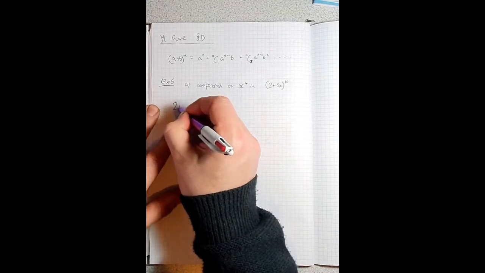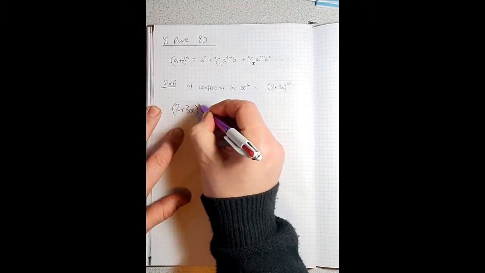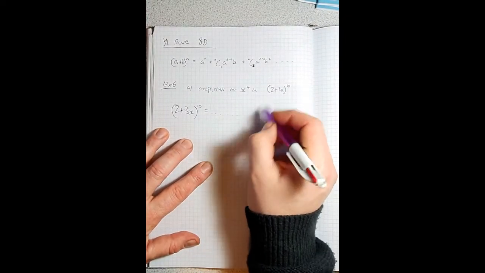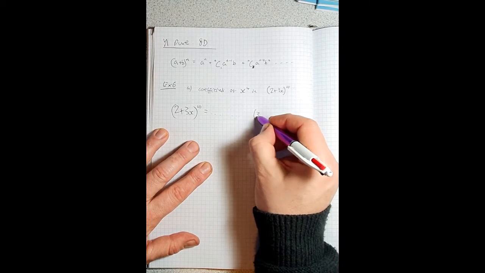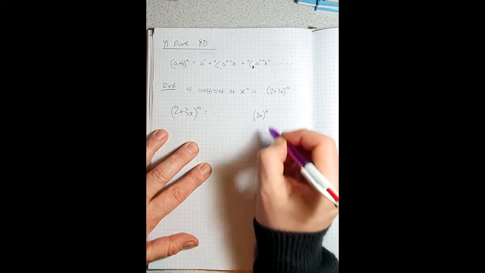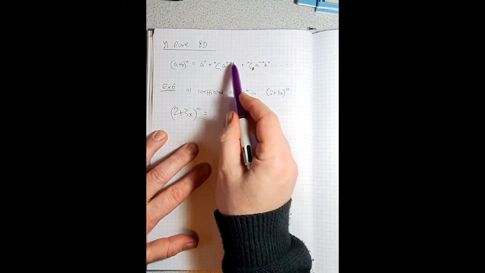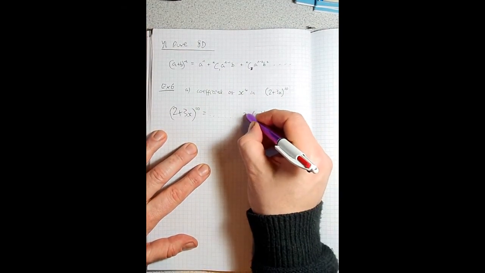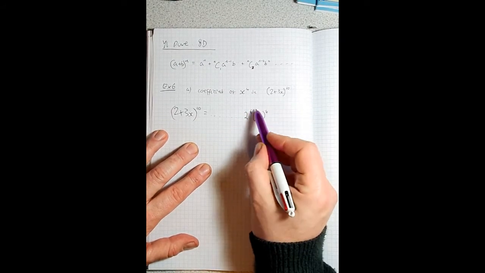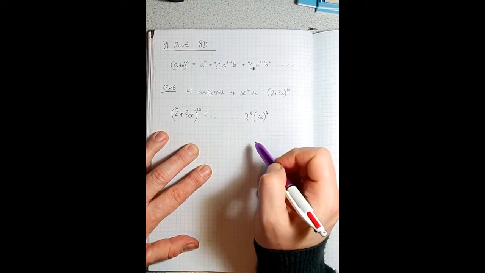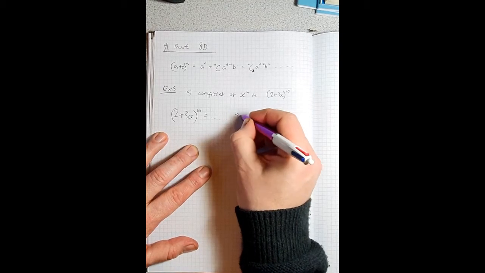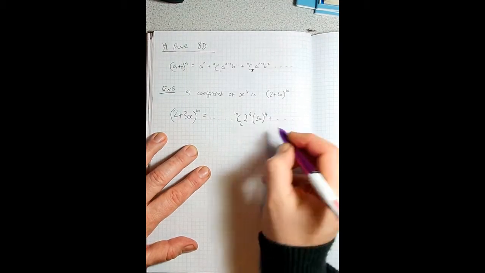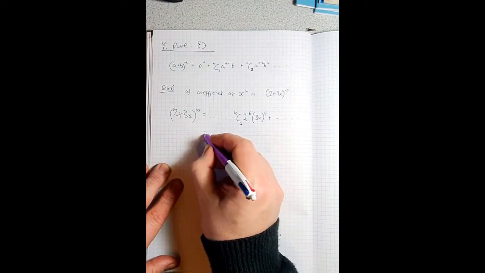The term I'm interested in would be (3x)^4. Now remember that my powers always add to n, so it must be 2^6 because they need to add to 10, and it would be 10C4. So that's the term that I'm interested in.